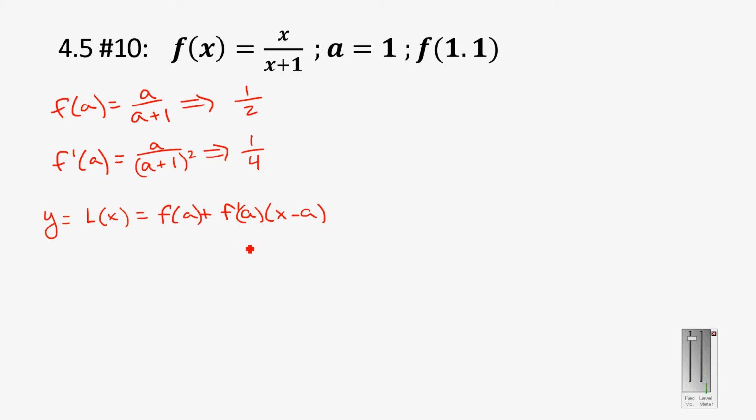In this case, that's going to be equal to 1/2 plus 1/4 times x minus 1, because we calculated the derivative up here, and we substituted in the f of a, the f prime of a, and then x minus a.